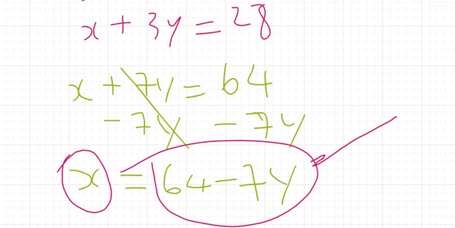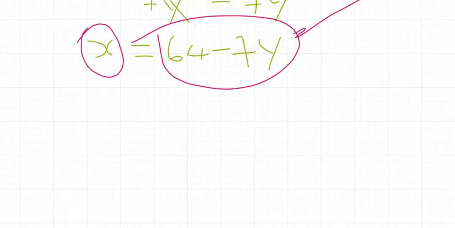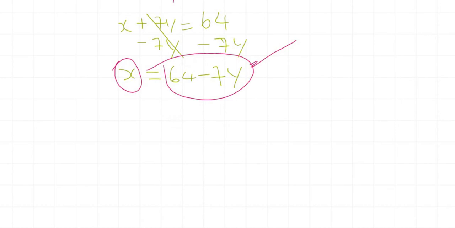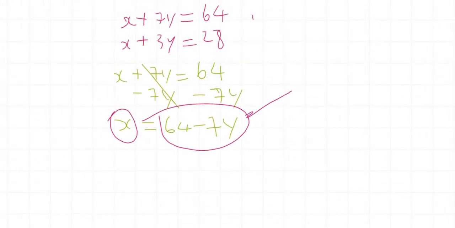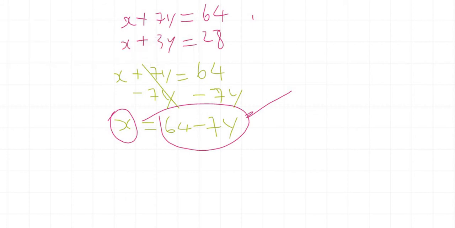So let us say x plus 3y is equal to 28. Let us bring it out a bit further. I hope you can see this is not too small for you. Alright, so what we're going to do is just plug it in. Let me change my color to purple. Anywhere we see x in the equation, we're going to substitute 64 minus 7y.